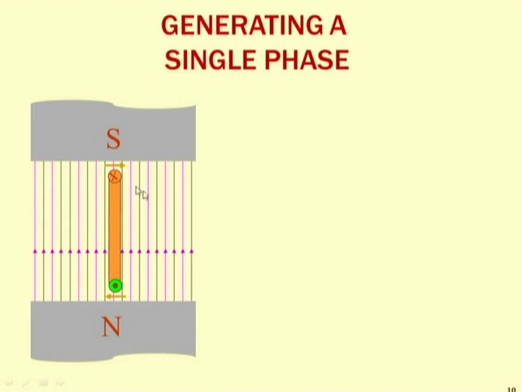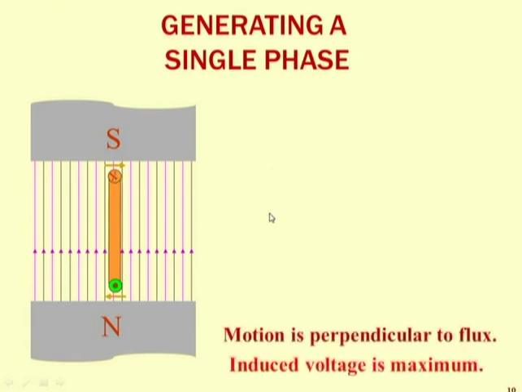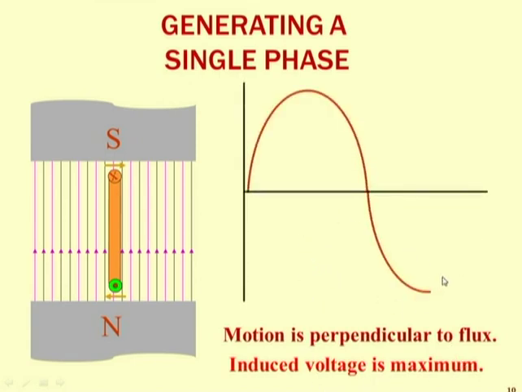As this end has reached the south pole, you will have the negative maximum voltage, which is as per the expectation. So the induced voltage is maximum, and now we are reaching this point, this is 90 degree. In fact, it is 180 plus 90 equal to 270 degree electrical.